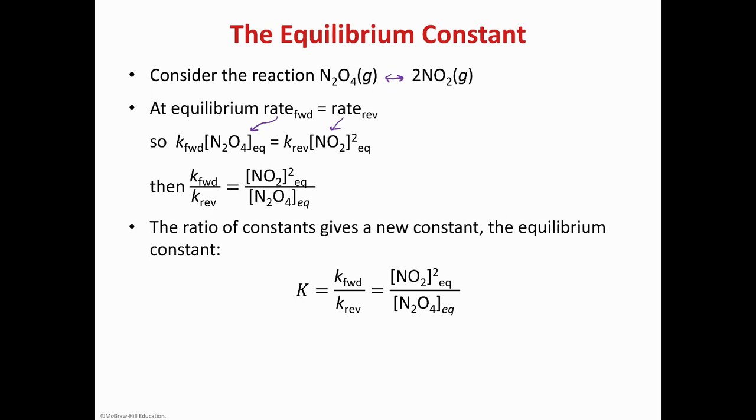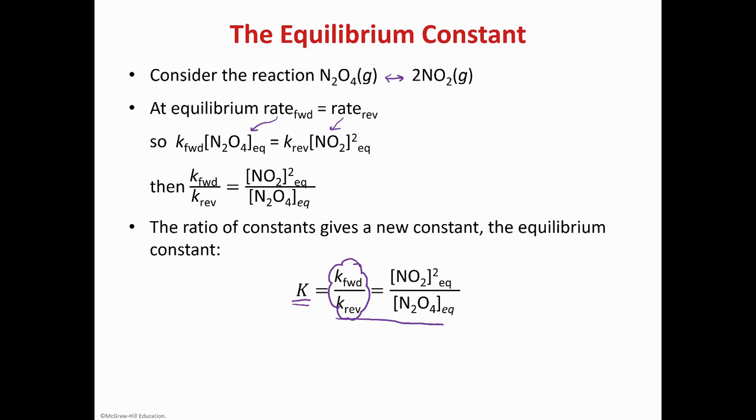And what's going to happen here is we can put the K's all on one side. So divide both sides by K reverse. And what we'll end up with is this expression here. But these K's can be combined into big K. And that is what's called the equilibrium constant.